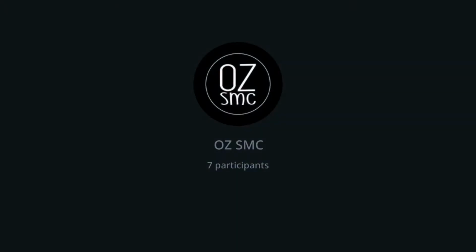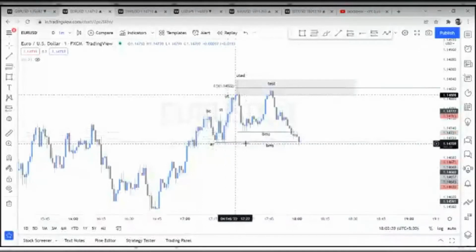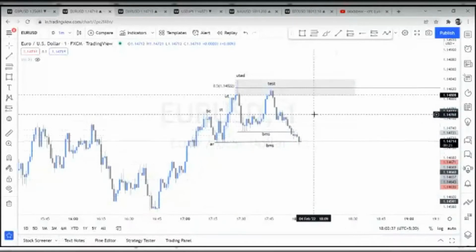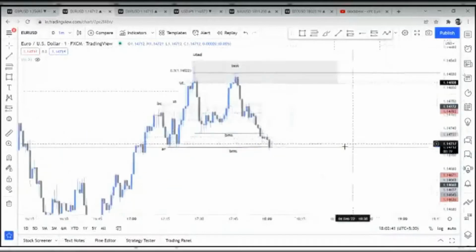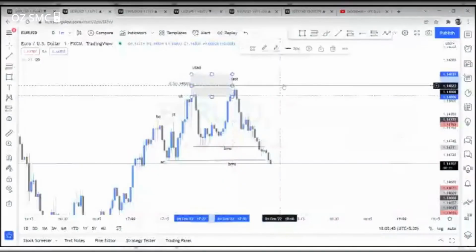The expectation is that as long as this move breaks the structure here and even here, we are expecting a pullback. It's not necessary that price will always pull back, but we can expect a pullback to an order block if it does give a pullback.